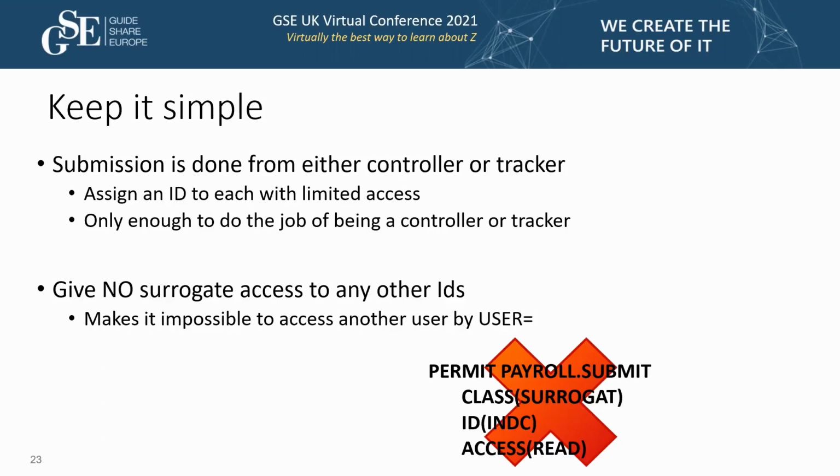So only enough to do the job of being a controller or a tracker, which is probably update access to all of its data sets and maybe update access to operator commands and a few things like that. And give no surrogate access to any other IDs. That makes it impossible for anybody to sneak access in by putting user equals in the JCL. So that's the first way of getting rid of the super user.